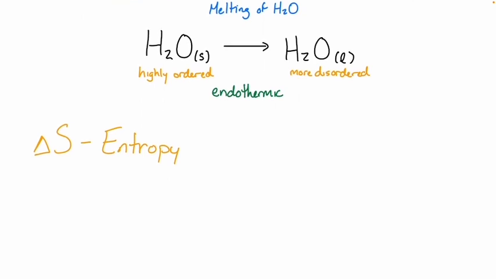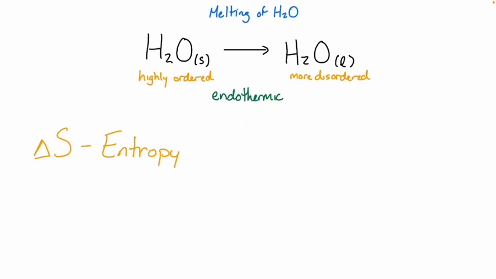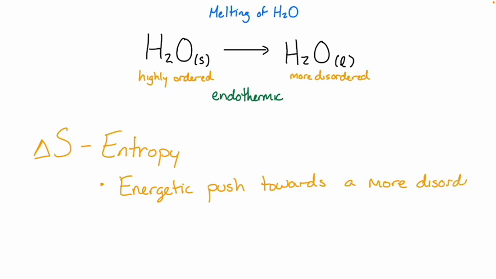All right, so our definition for entropy here, we're going to kind of have two. One's going to be the helpful way to think about it, and then we'll have the more formal definition as well. All right, so entropy is this energetic push towards a more disordered state.